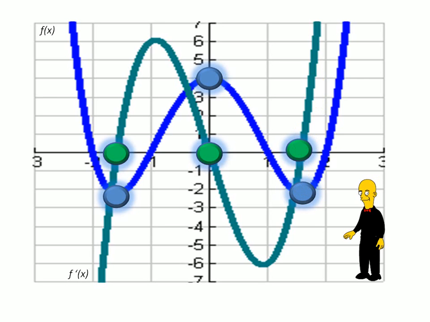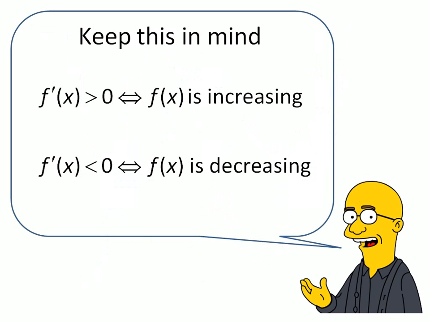Now, here's what we need to remember about this. When f prime is bigger than 0, that corresponds to the function increasing. So, if we see the derivative is above the axis, we know that f of x is increasing.